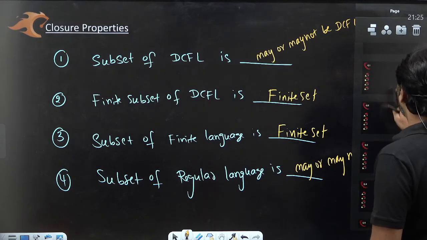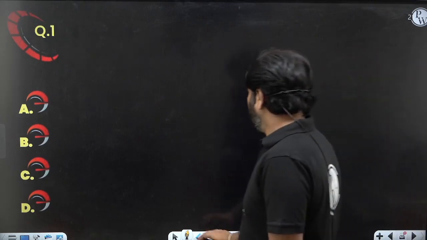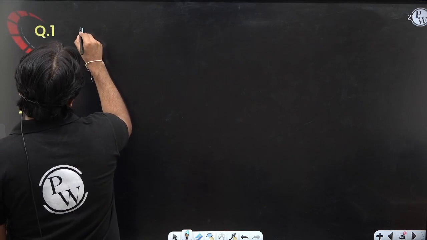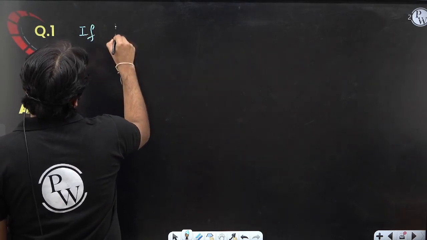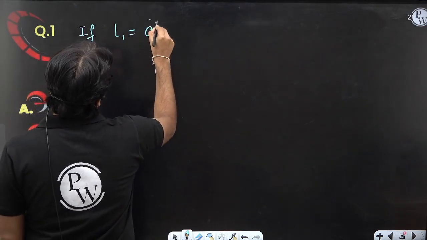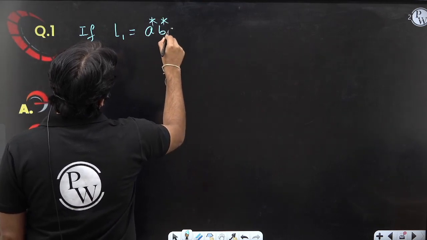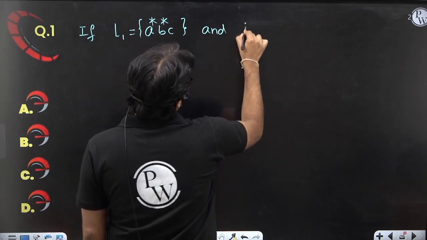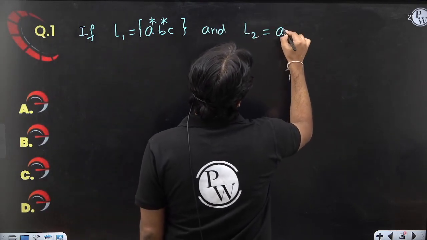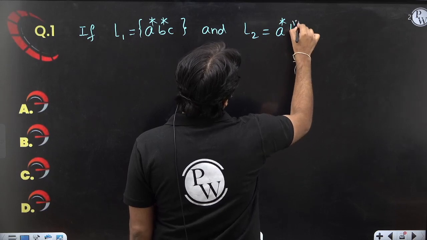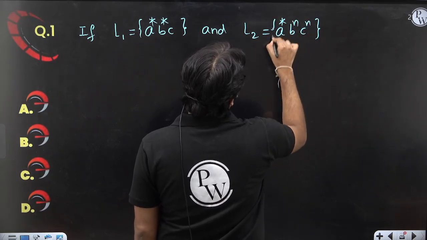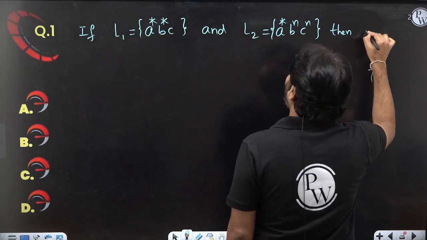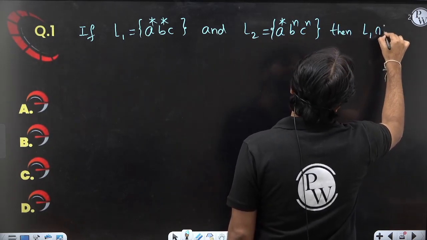Okay, I'll give some homework questions to practice. Just try them and answer if you can. If L1 is equal to A* B* C, and L2 is equal to A* B^n C^n, then what is L1 intersection L2?